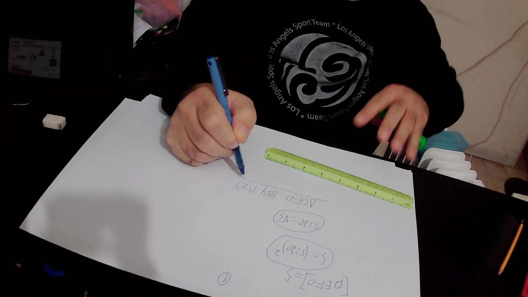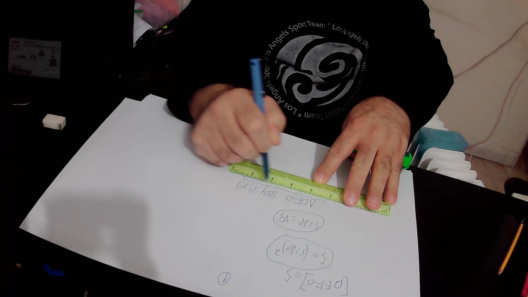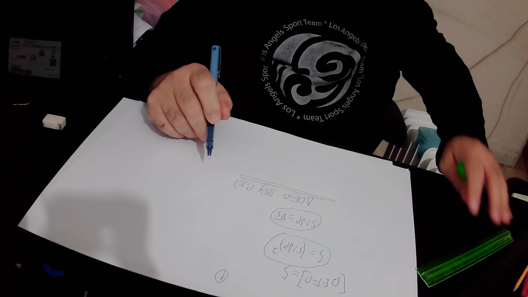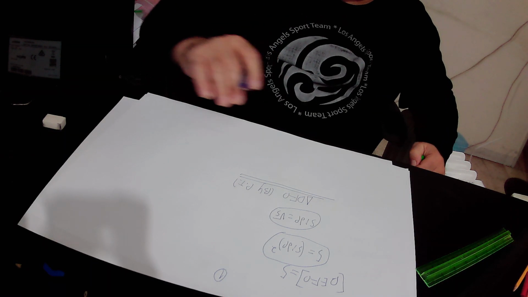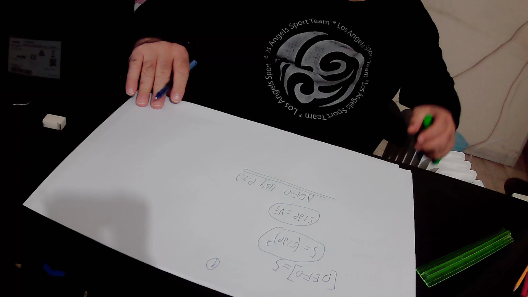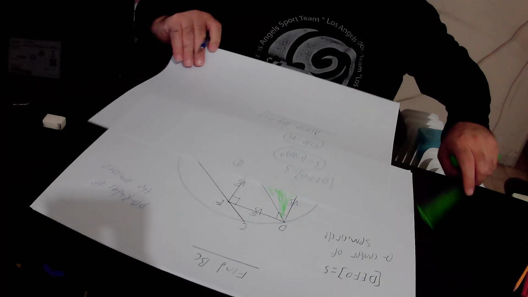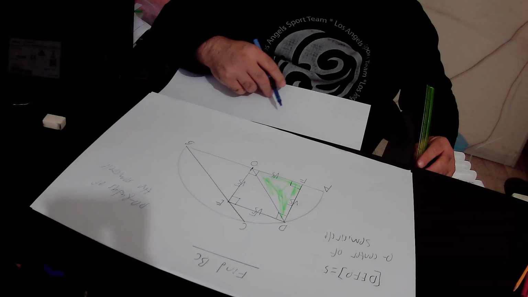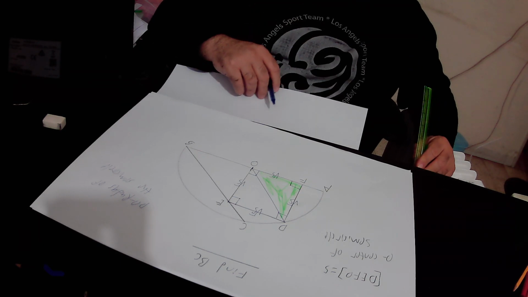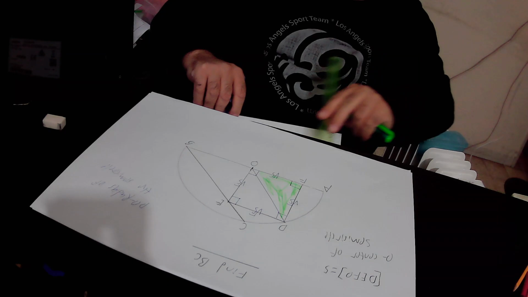According to the Pythagoras theorem, in any right triangle, the square of the hypotenuse equals the sum of the squares of the perpendiculars. So I'll copy the right green triangle DFO in this page and we'll implement the Pythagoras theorem in it.